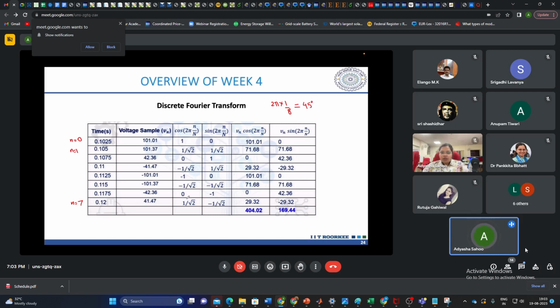Similarly, we fill this data by varying n from 0 to 7, and we get the values of cos and sine as these, and then we multiply the voltage sample at each time step by the corresponding value of cos or sine, and we'll get these values. Then we'll sum up here to get the phasor.